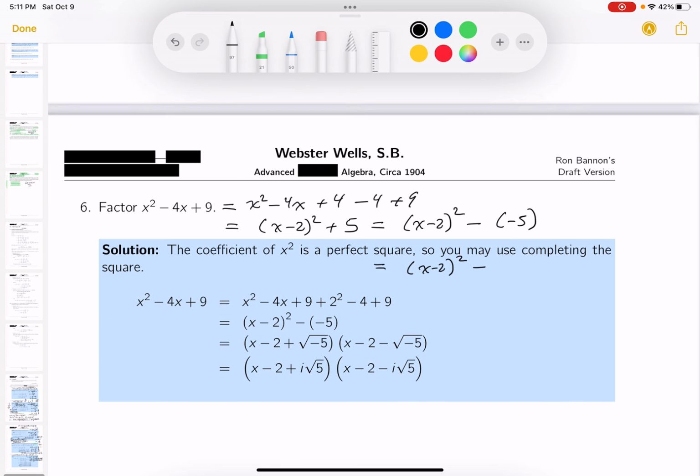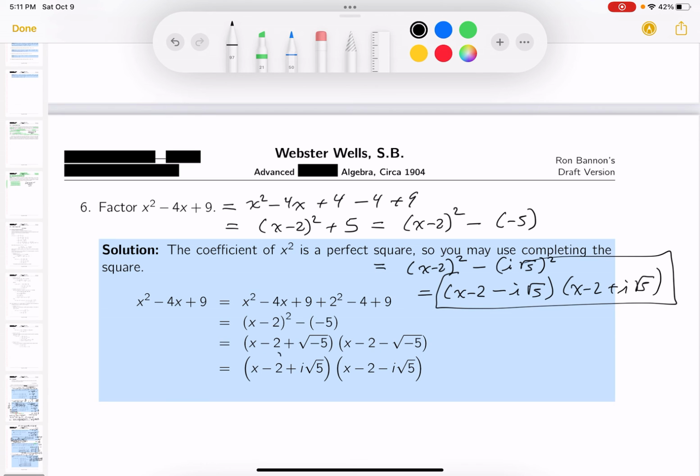Well, that's not so bad. It's going to be i root 5 squared. Because when I square the i I get i squared, which is minus 1. Yeah, it works pretty good. So let's write this down. What do you get? X minus 2 minus i root 5 and x minus 2 plus i root 5.